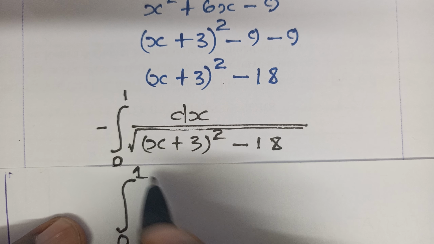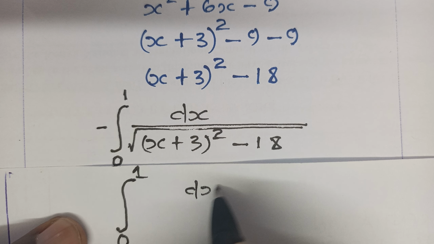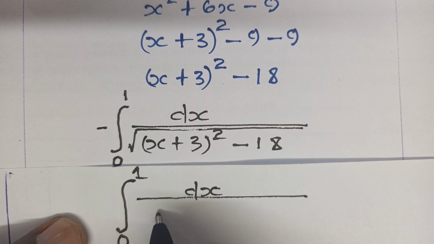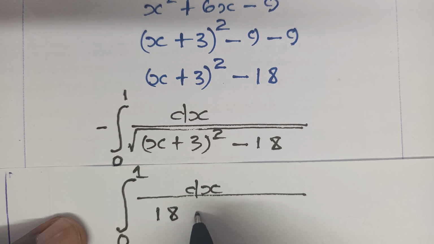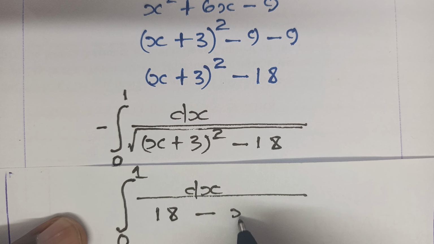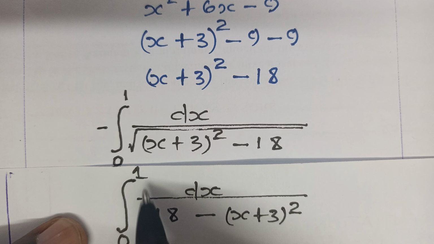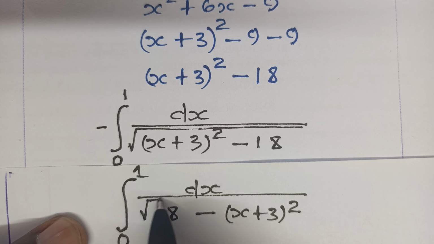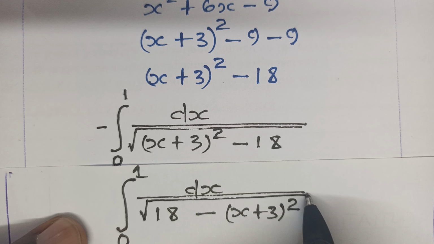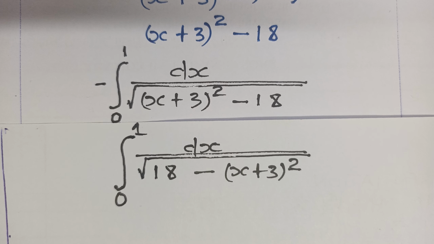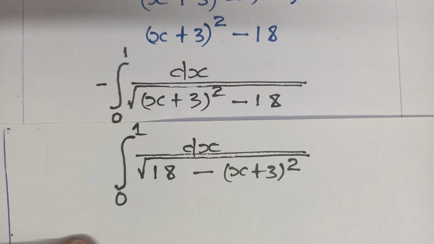And so therefore, we shall have dx all over the square root of 18 minus x plus 3 squared. So this equation is now supposed to be like that. We have completed the square.